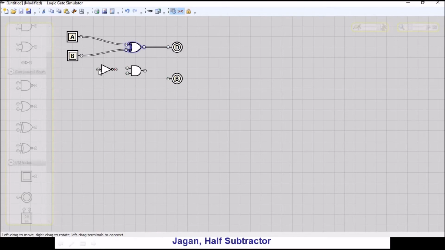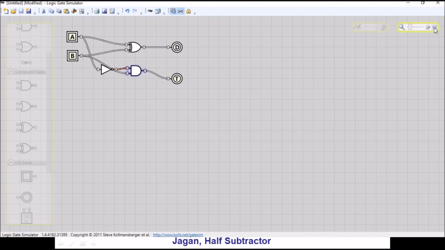Borrow is, I need to just invert the A and pass it to one of the inputs of the AND gate. Then another input is from B, right? What is this? Borrow. So to avoid confusion, let me name this as T. It is the borrow, right? So what is the output here? A bar B.